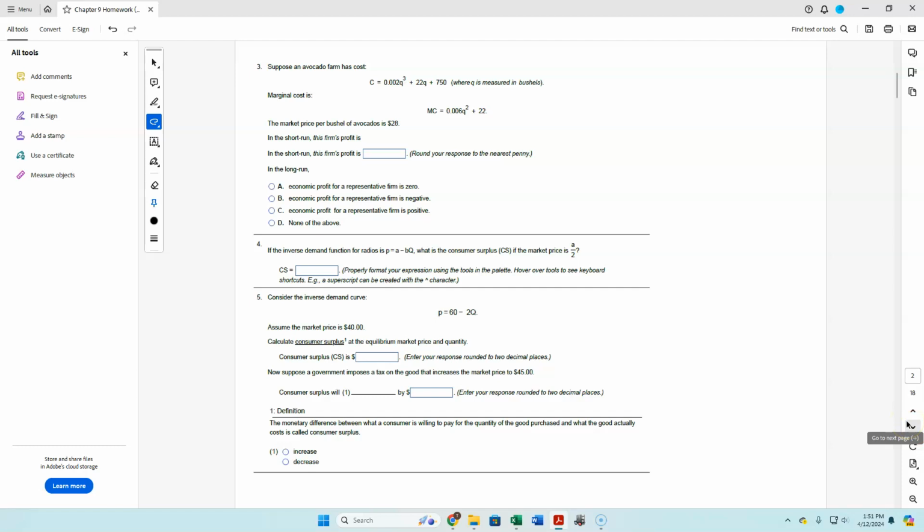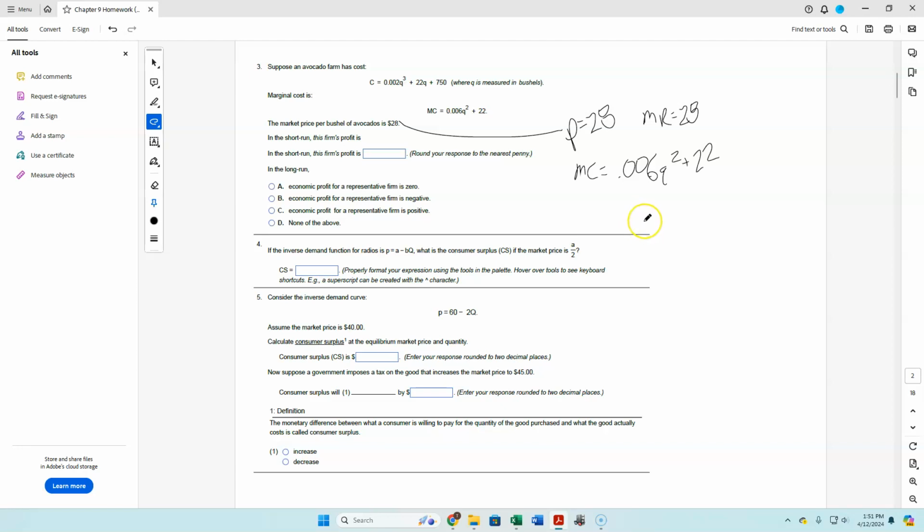Avocados. Okay. Market price is 28. That would mean that my marginal revenue is also equal to 28, and my marginal cost is equal to 0.006 q squared plus 22. And I'm being asked what the profit level is.